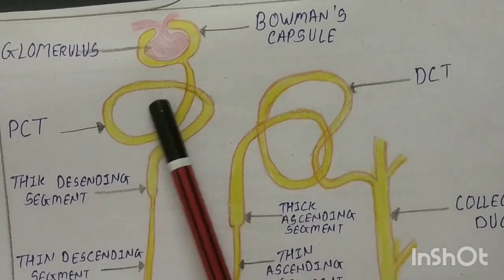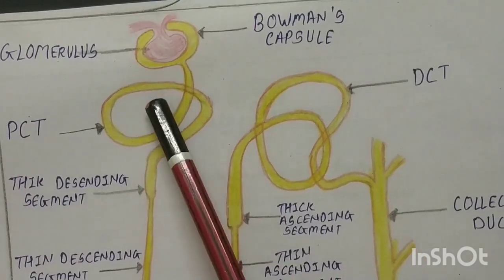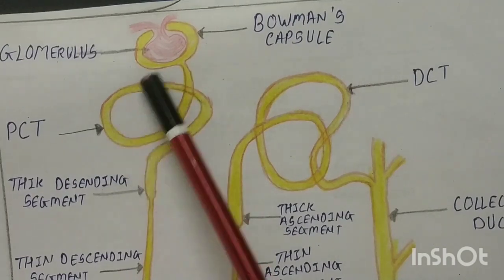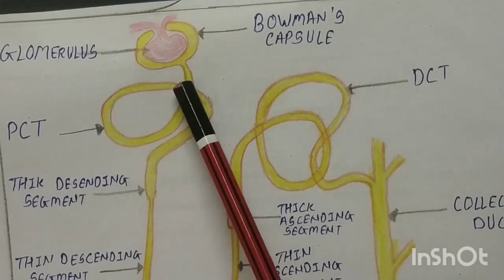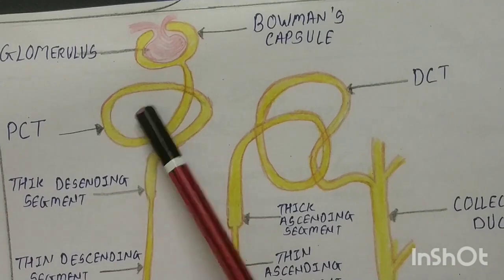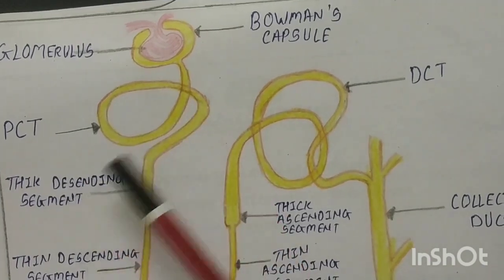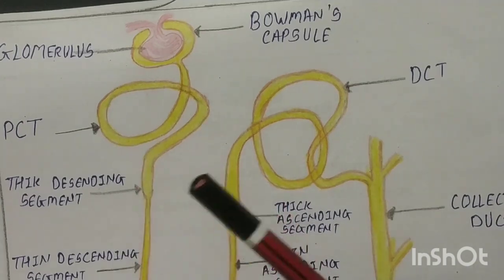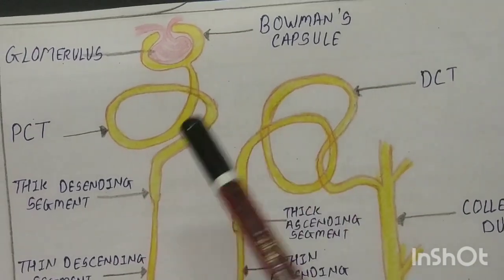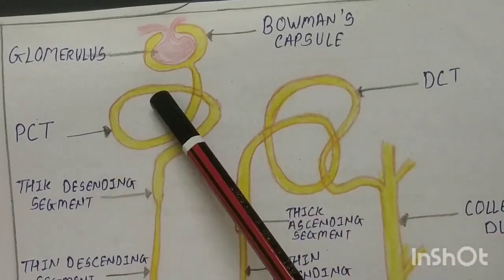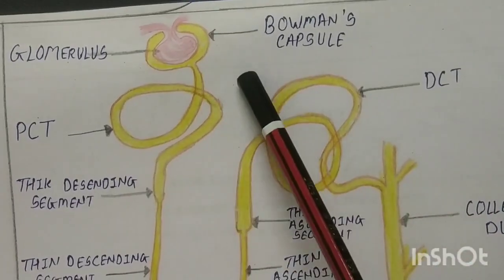One capillary enters this bowl-shaped structure, and this capillary is divided into various branches, and then joins again in loops, forming another structure, and then it goes out from this bowl-like structure.